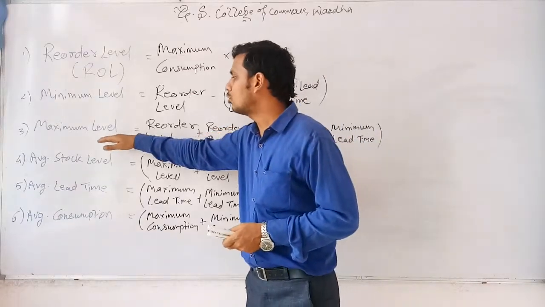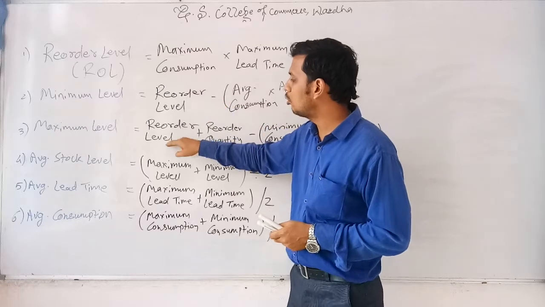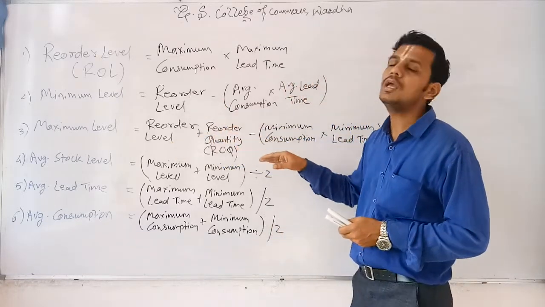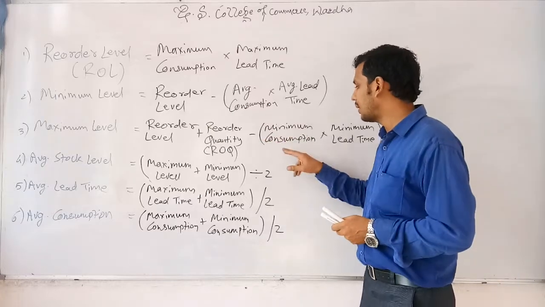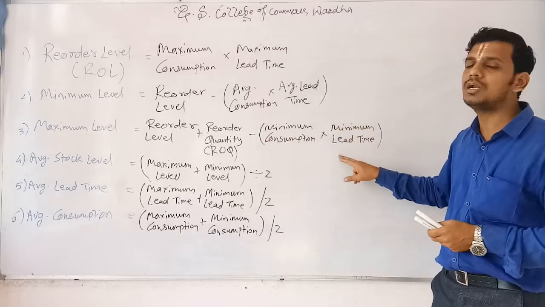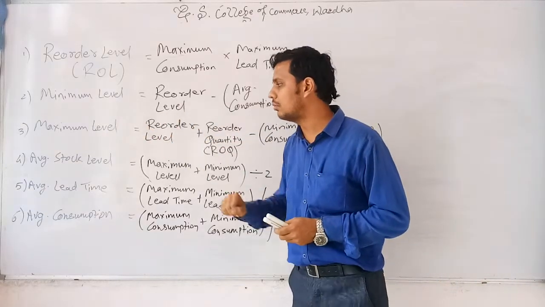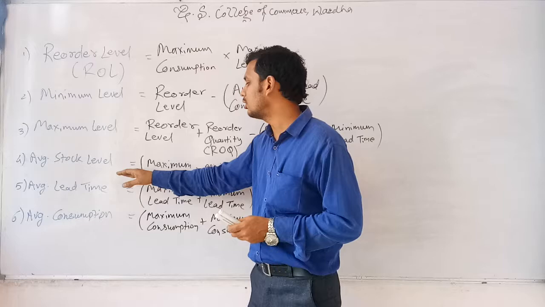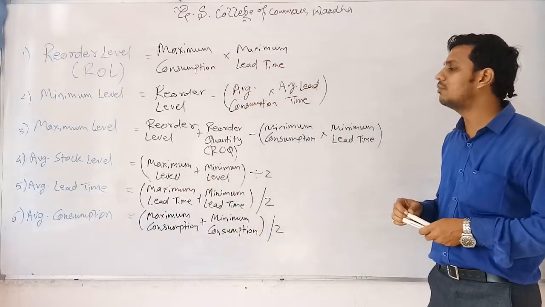Then for calculation of maximum level, the formula is slightly changing: reorder level is constant, plus reorder quantity. As mentioned earlier, reorder quantity would be there in the question, minus, in brackets, minimum consumption multiplied by minimum lead time. That is the formula for maximum level. Then for calculation of average stock level, the formula is maximum level plus minimum level divided by 2.